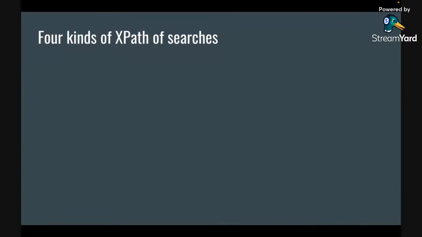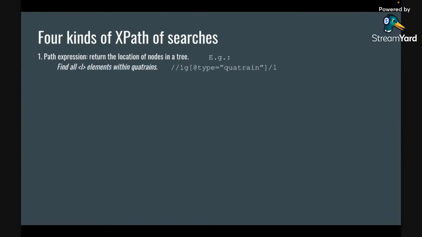Now, there are four kinds generally of XPath searches, and I just want to review these because it'll give you a sense of the ways that we use XPath and how we write the XPath. So a path expression returns the location of nodes in a tree.